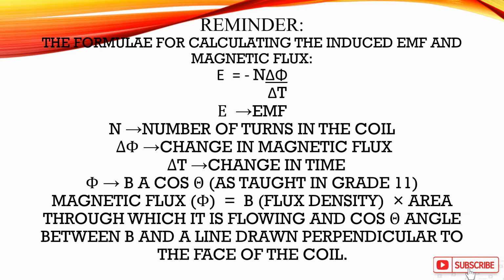The magnetic flux is equal to B A cosine theta. B is the flux density, A is the area through which it is flowing, and theta is the angle between the magnetic field and the line drawn perpendicular to the face of the coil. So it was taught in grade 11.